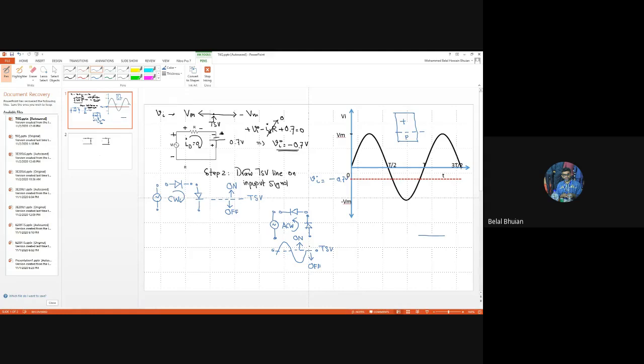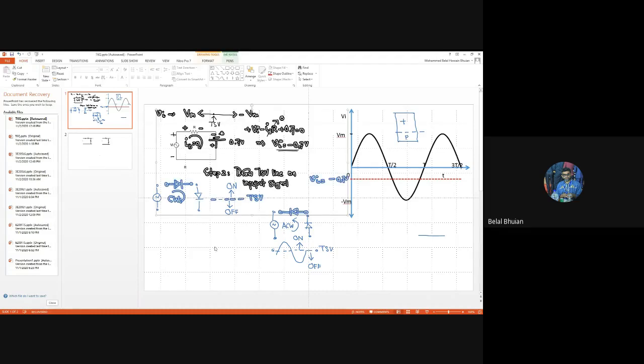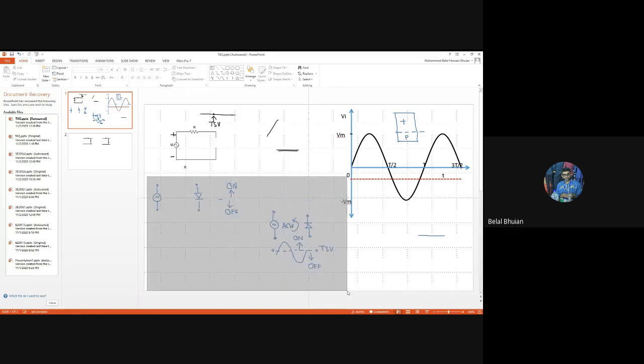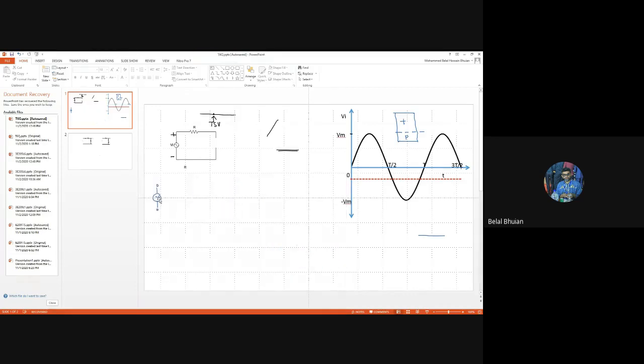Now I know for which value of the signal the diode is on, and for what value of the signal the diode is off. So that part is done. Now I know the transition state voltage line.